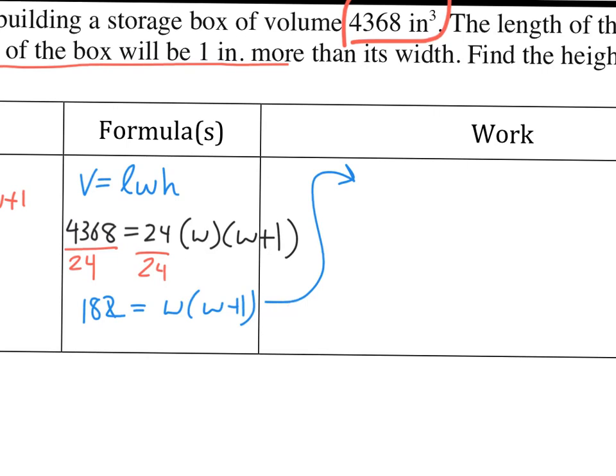Well, yes, eventually. But I'm going to distribute first. So in doing that, I get this, 182 is equal to W squared plus W. So I distribute that W across. And now I'm going to write W squared plus W minus 182 is equal to 0.